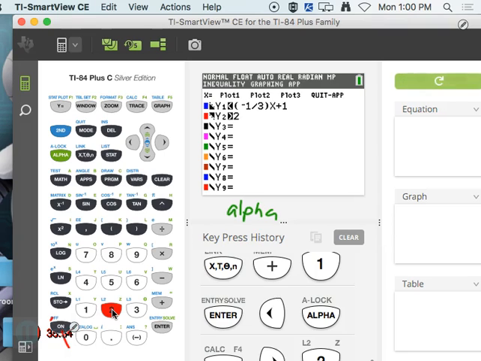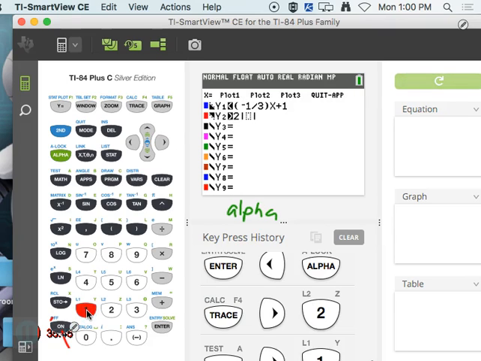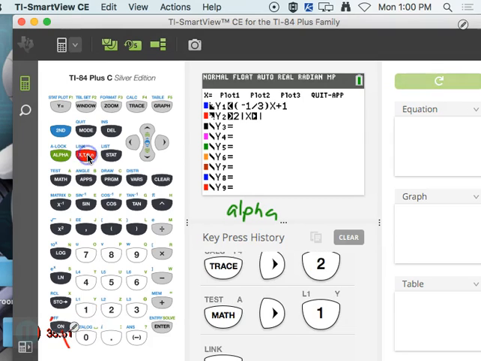Okay, we're ready. Math, numbers, number 1, ABS. And on the newer ones, they even show up as nice absolute value lines. Then we want x minus 1 in parentheses. Math, arrow to the right once, number 1.